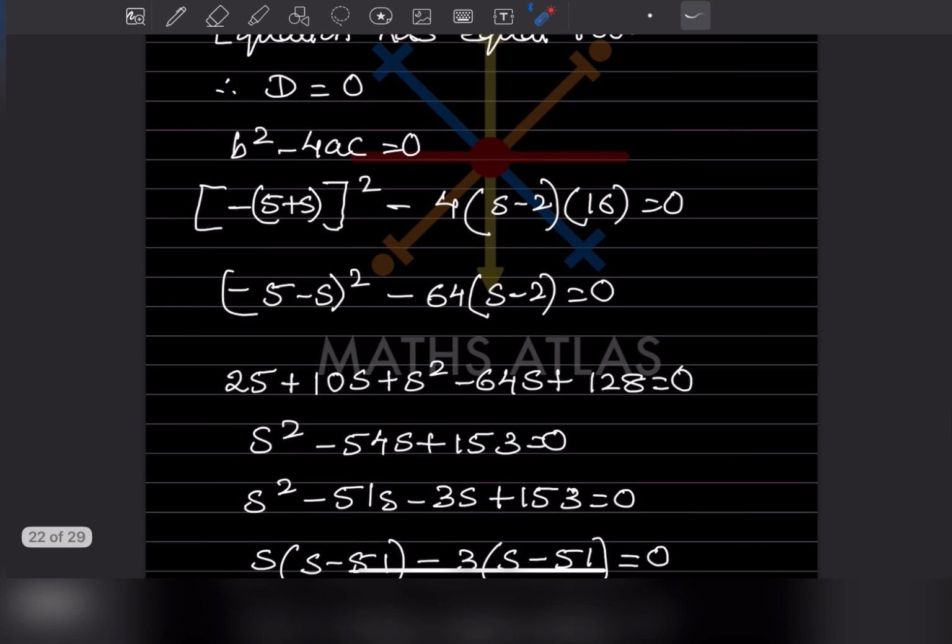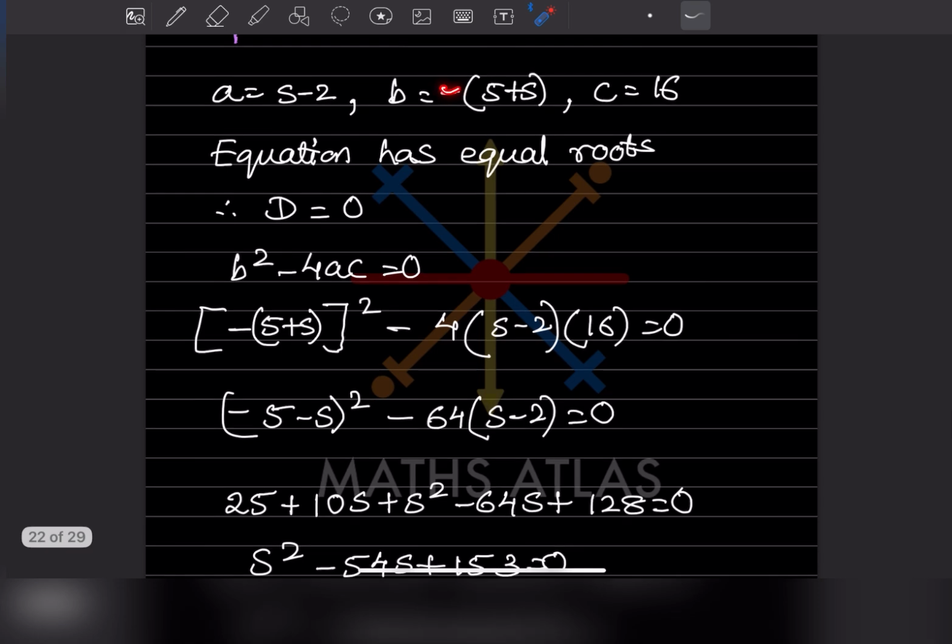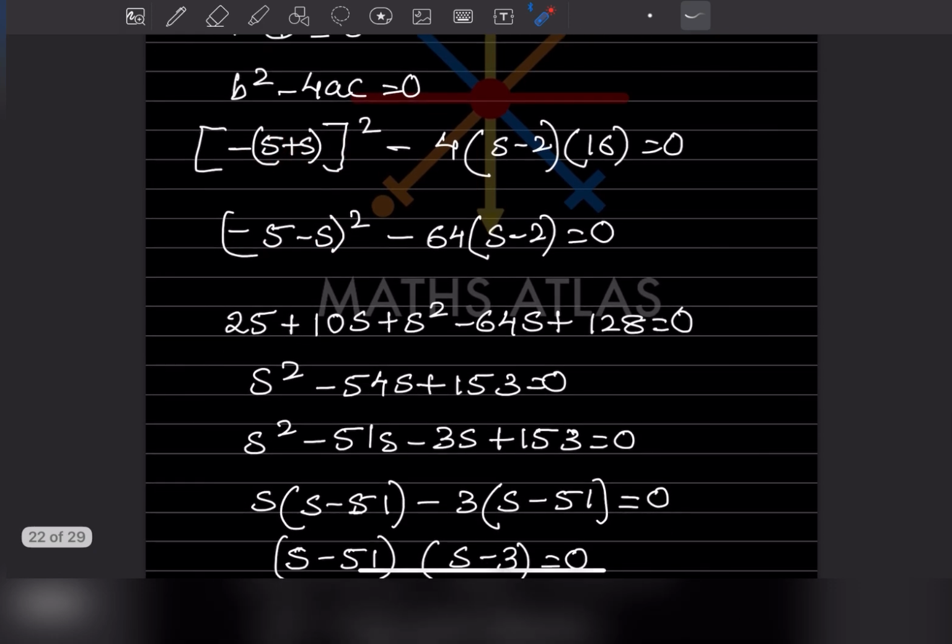So now what will you do here? First thing we will do, because this minus is here, because this was minus 5 minus s. Hope this is clear. And then put a square for this one, and at a later stage you can now look at here. This will be 16 4s are 64, and this will be s minus 2 is equal to 0.